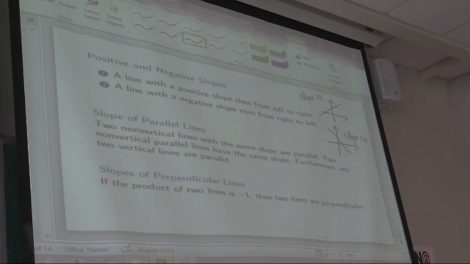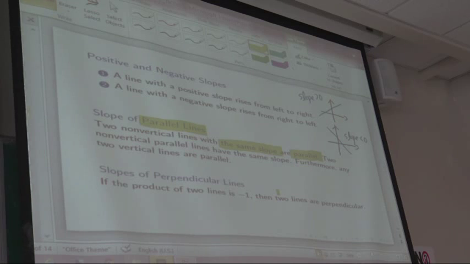The slope of parallel lines. Parallel lines never meet each other. They always keep the same distance. So two non-vertical lines with the same slope are parallel.